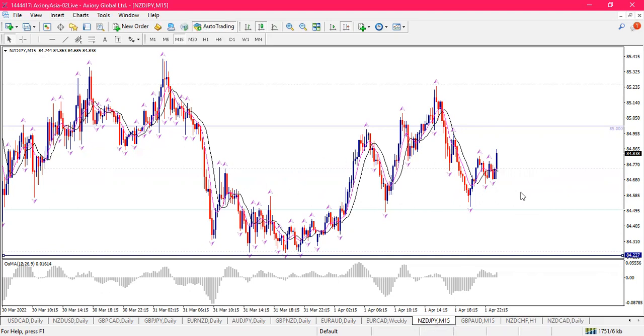The first one will be to wait for price to get back to this 85 area, and look at what price does around here in terms of chart pattern to take a sell right from here. And the second one will be to wait for when price will trade below the moving average around here and take your sell position right here.